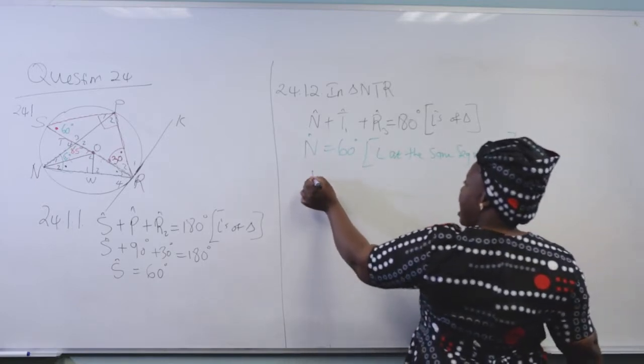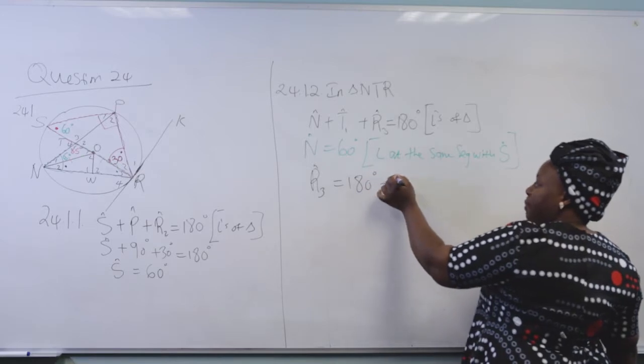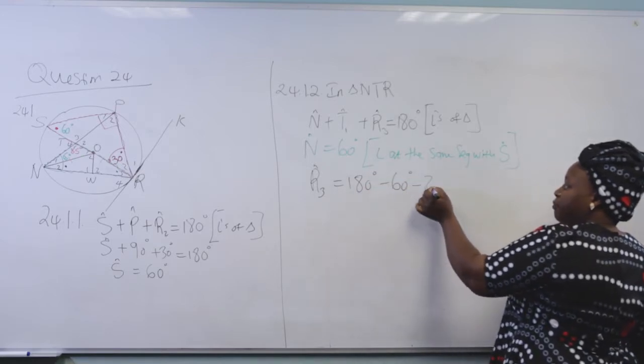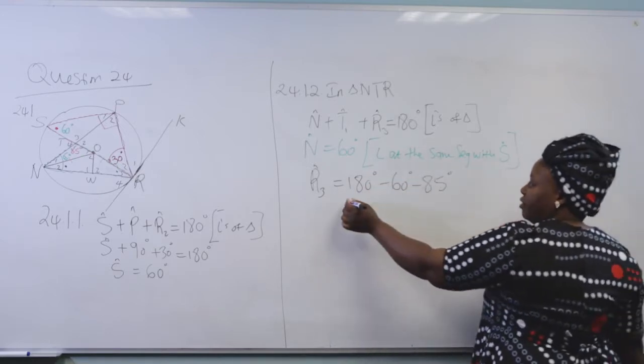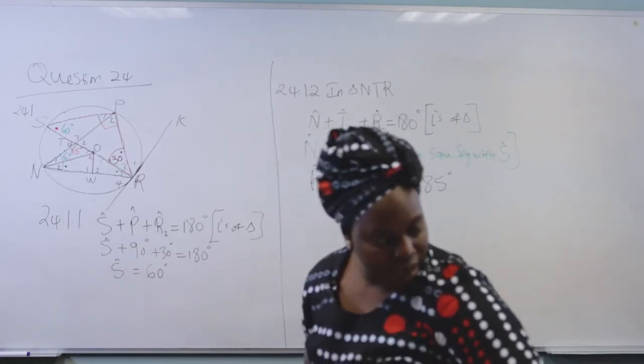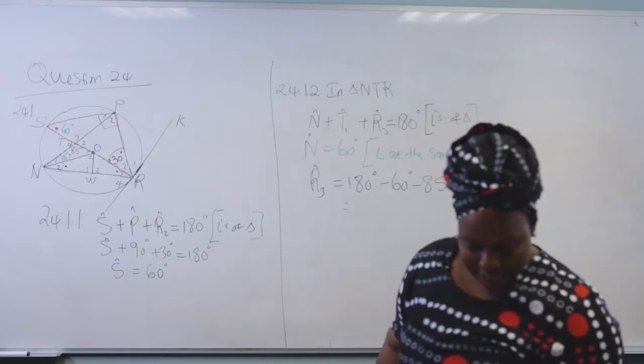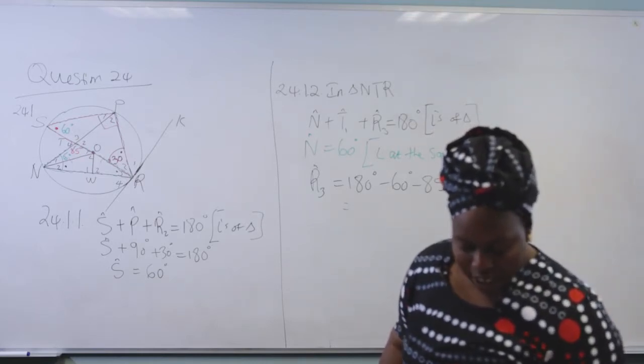So it means that R3 equals 180 minus 60 minus 85. And you can quickly use your calculator to get to the answer. So let's use a calculator. There's 180 minus 60 minus 85. We get it to be 35.